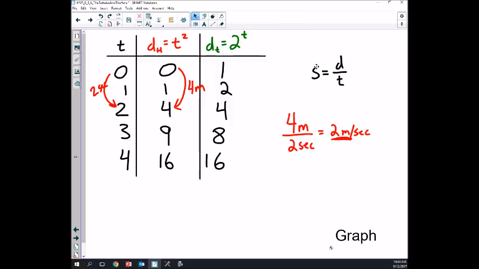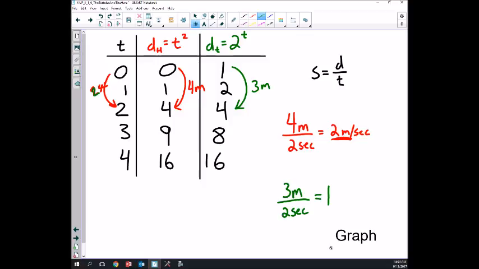The tortoise went 3 meters in the same 2 seconds, and so he's traveling at a speed of 3 meters every 2 seconds on average, which means that he is going an average of 1.5 meters per second.